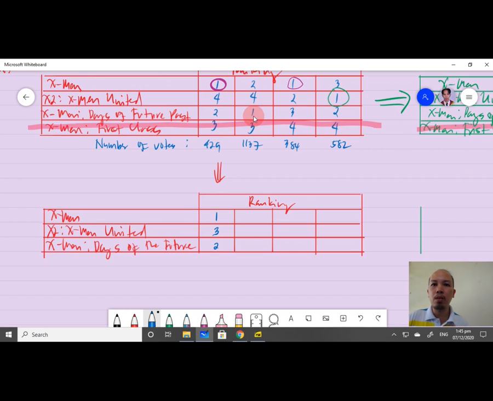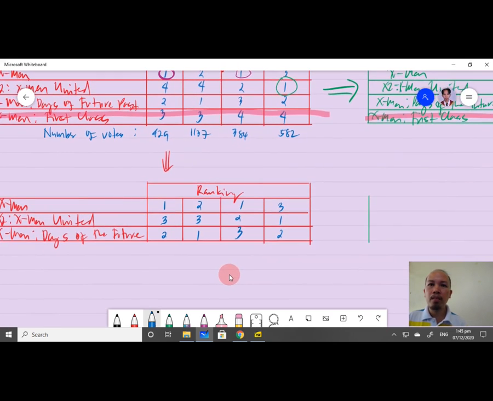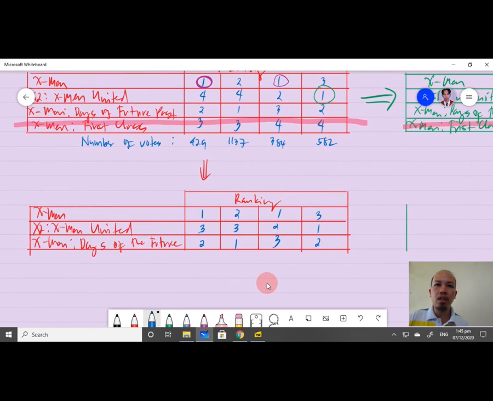Let's fix that one. 1 is fixed, 2 is fixed, and we move forward to 3. Finally, this one here we have 1, 2, 3, the same. This one is 1, 2 here, and 3 here also. So this is the new table, and also the number of voters are the same.